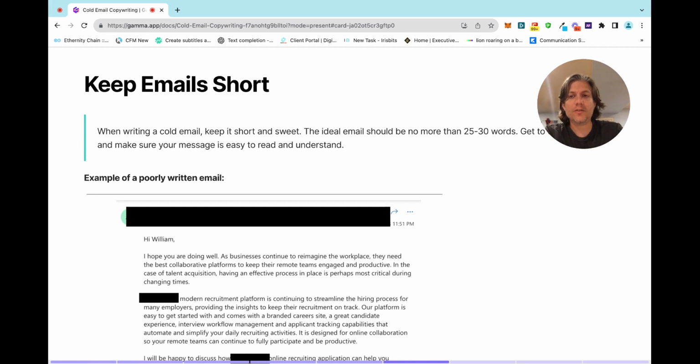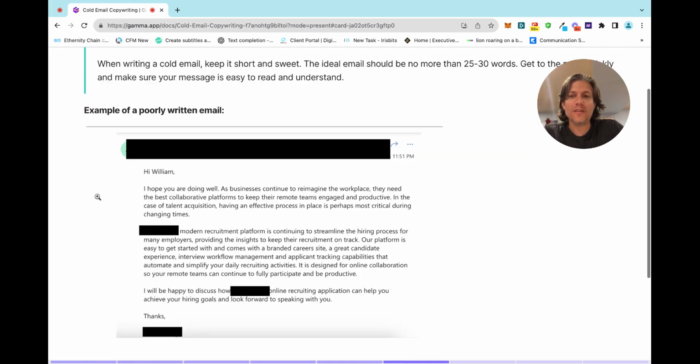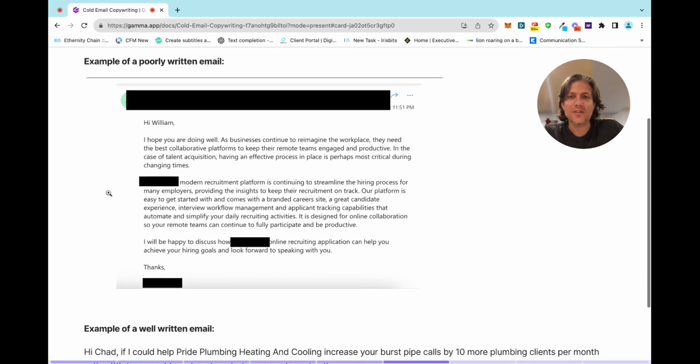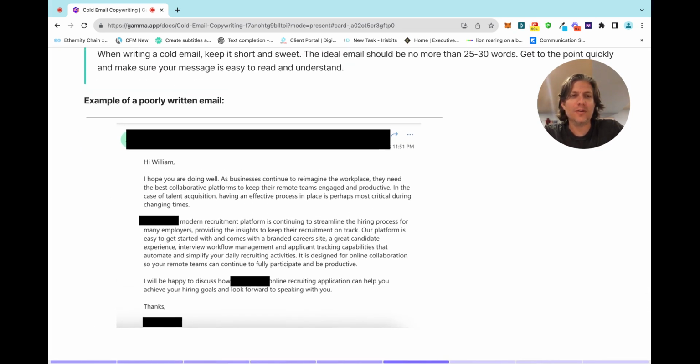So you want to keep emails short. How many of you have gotten sales emails that are a mile long, and you just want to run away? Certainly this is something that is, I don't know how many words this is, but this is certainly not as appealing, and almost nobody's going to read this, especially if you have this on your phone.